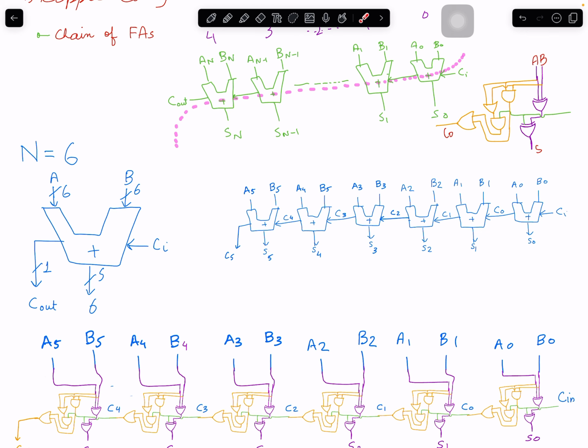This is actually 6 bits, so n is 6. General block diagram: 6 bit, 6 bit, a 6 bit sum, and then 1 bit carry in. This is how these are connected. Carry in comes in, carry out goes out from the last one. Each carry output is connected to the next carry in, on and on like that.